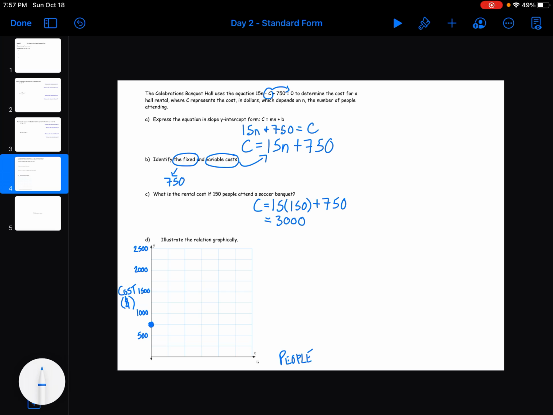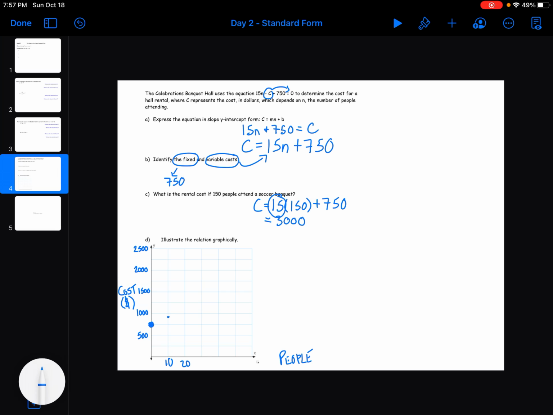So what we need is to use $15 as kind of a guide. So we know every $15 is every person. So if I said this was 10 people, that means we would have gone up $150. If this is 20 people, we would have gone up 150 and another 150.